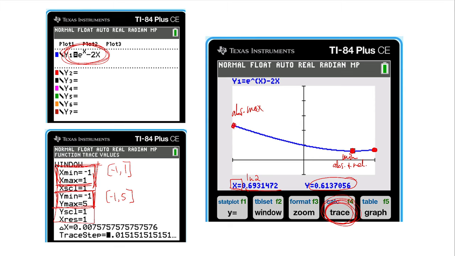And if you did the same thing, if you were in trace mode, and for the x you popped in a -1, then the calculator would give you 2.3679 and so on. So that's another way of checking to make sure that your output ended up being correct.